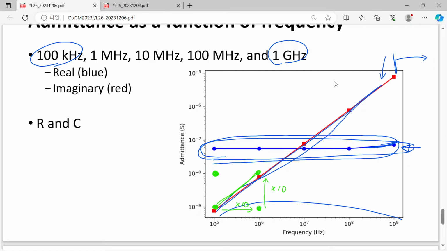And please have a look at your imaginary part. How does it look? It exactly follows the linear dependence.